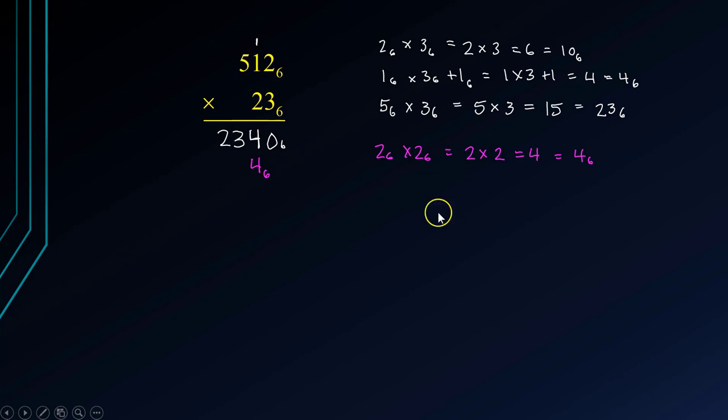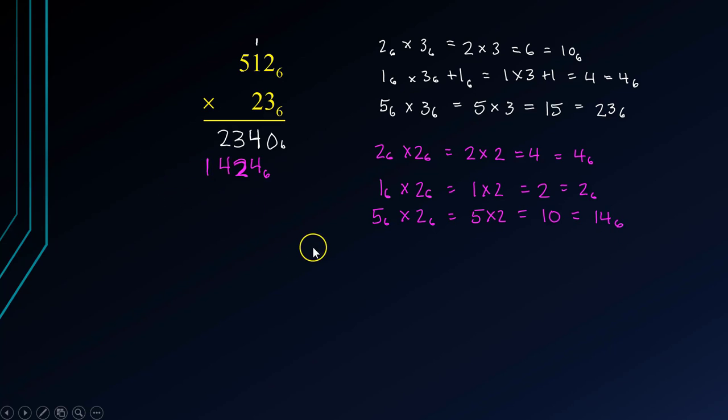Next, I'm going to do the 1 times 2. 1 base 6 times 2 base 6 is the same thing as 1 times 2, which is equal to 2 in base 10. And 2 in base 10 is the same thing as 2 in base 6, so a 2 would come here. And then the last one, I have 5 base 6 times 2 base 6, which equates to 5 times 2 in base 10, and 5 times 2 is 10. In base 6, that would correspond with 6 plus 4 left over, so this would be 14 in a base 6 system, so I would have a 14 here.